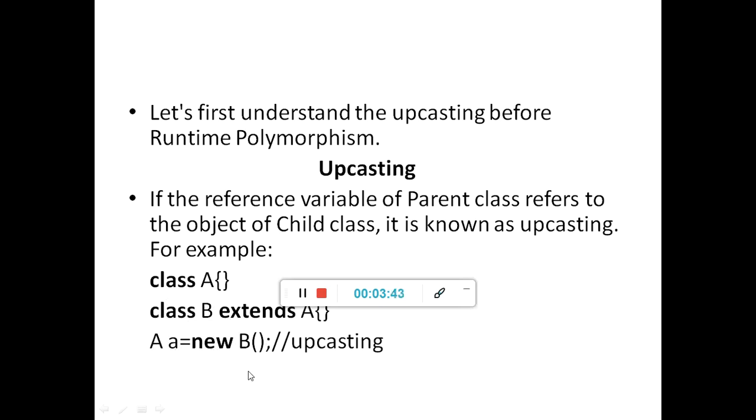This format of definition we term as upcasting. Up in the sense super, right? Because this is the child class, this is the superclass. So, the superclass reference variable is referring to the object of the child class. That's it. This process we term as upcasting.